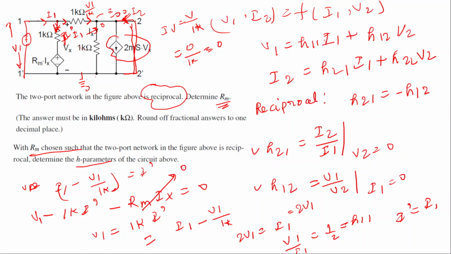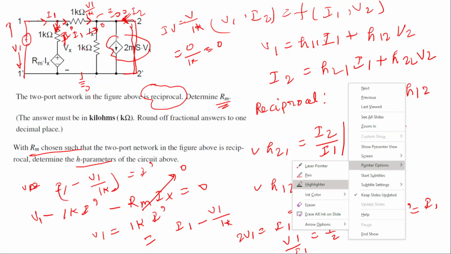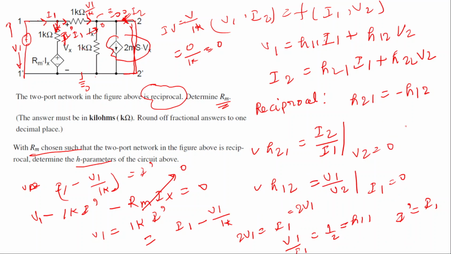So let me take a different color. Okay, so now this current is our V1, or we can say I1 only.